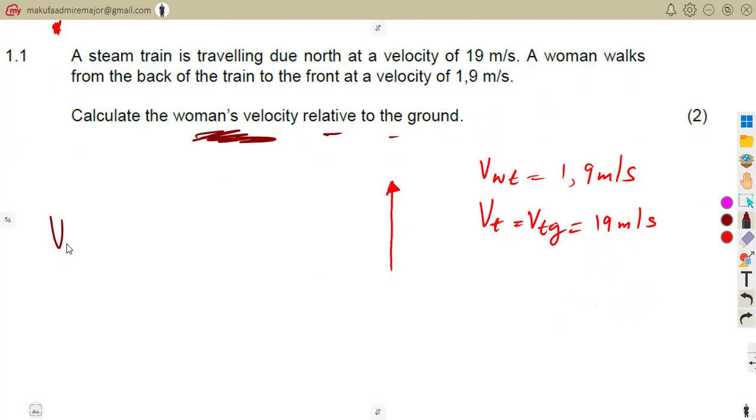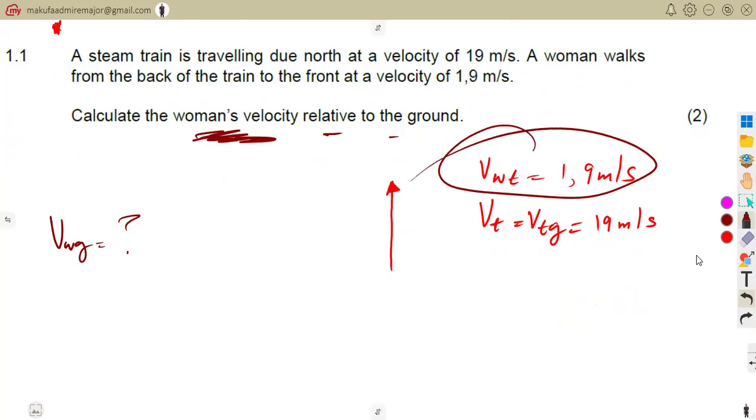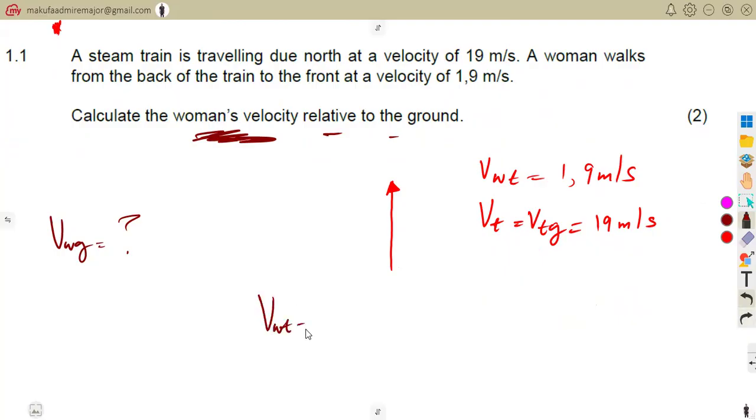We're going to use V_WT equals V_W minus V_T.